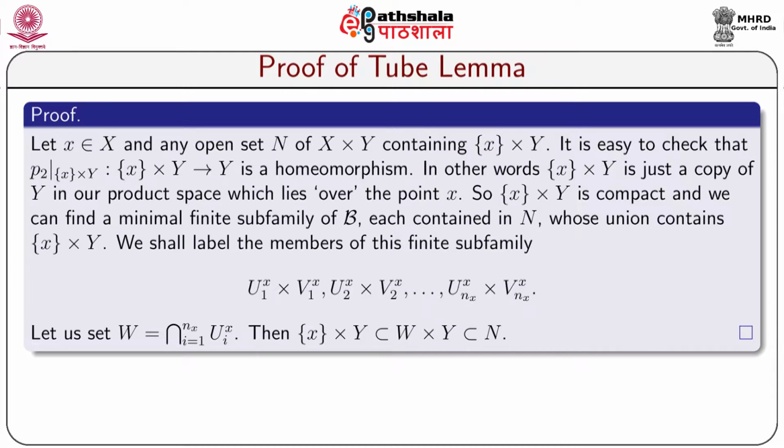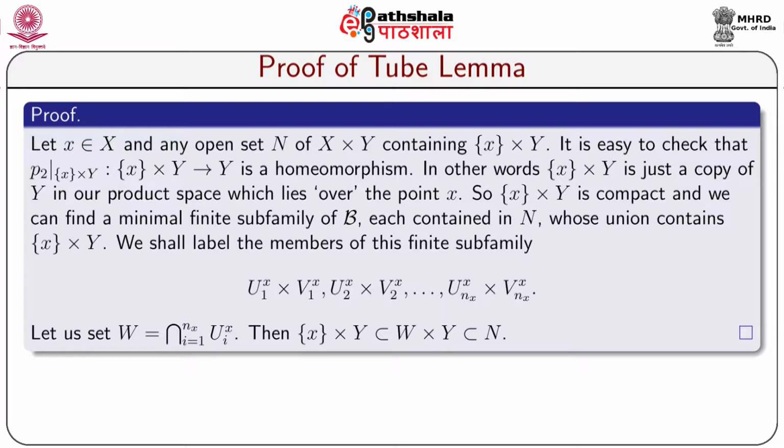Since Y is compact, the slice x cross Y is also compact. And we can find a minimal finite subfamily of script B, each contained in N, whose union contains the slice x Cartesian product Y.